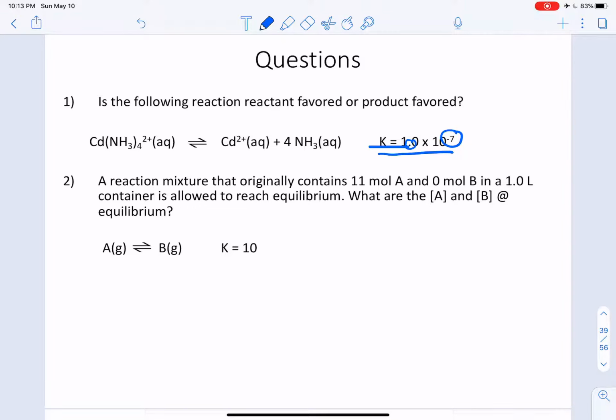I don't know why it just made another line. It's liking to do that today. Bad program, bad. Okay, so what we have is K is a lot less than 1. So we have a reactant favored reaction.